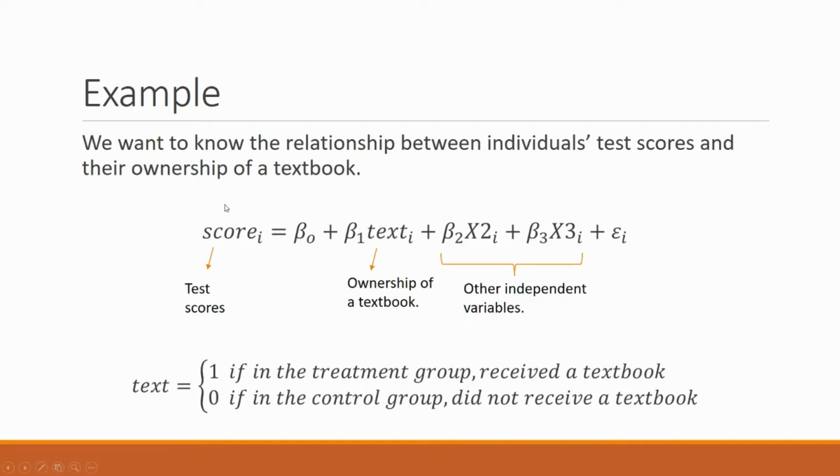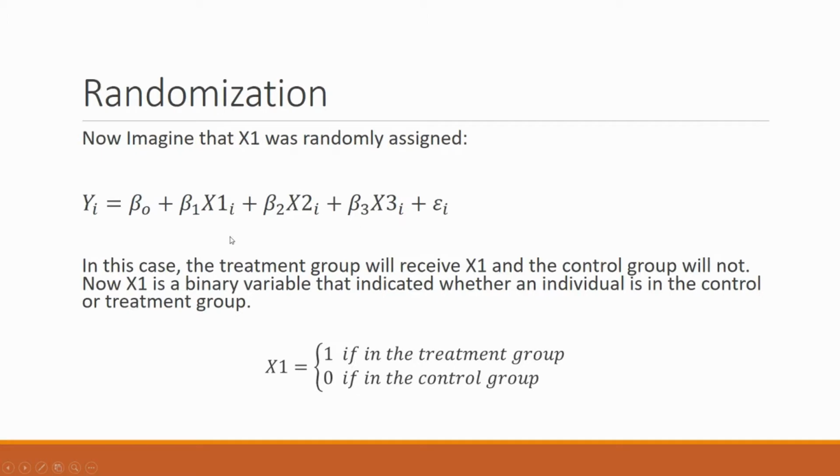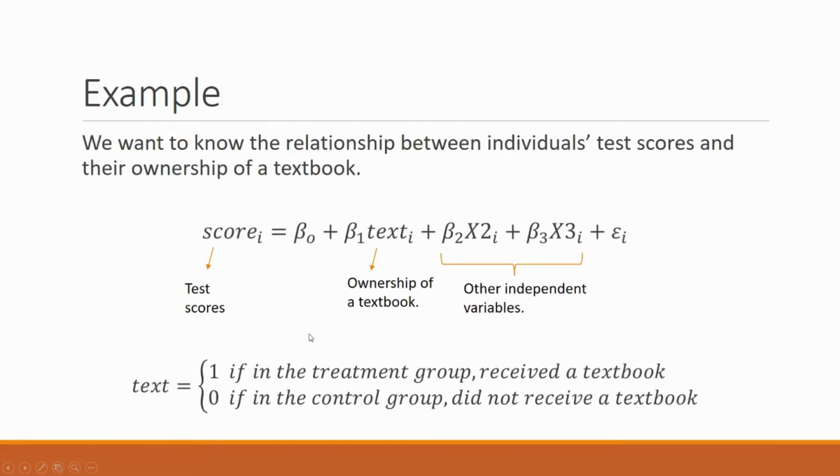So then imagine that we have this regression. We're taking our generic model here and making it specific to our example. The dependent variable is test scores, and x1, the variable of interest, is ownership of a textbook.